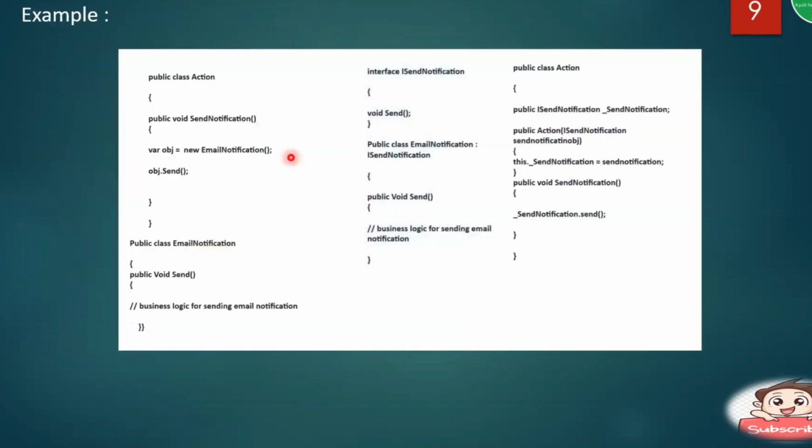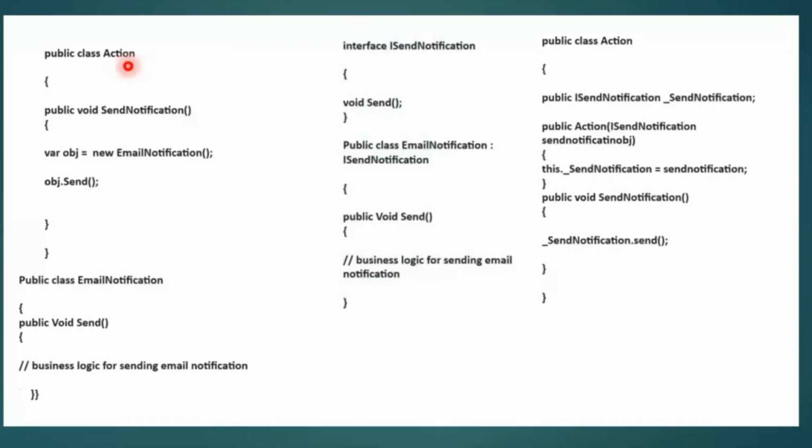Now here in the figure, you can see that I have one class Action and it is not following the dependency inversion principle. This is the high level class and it has one SendNotification method, which will send the email notification.